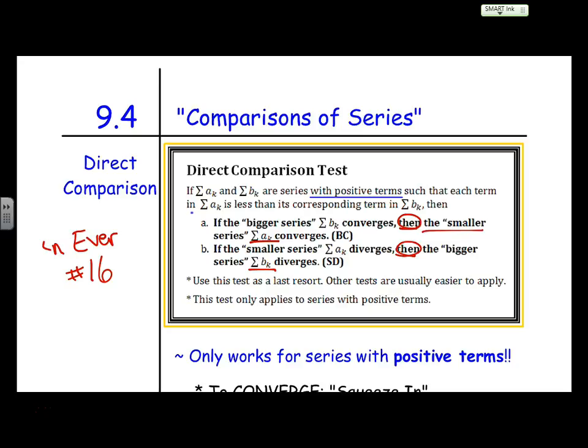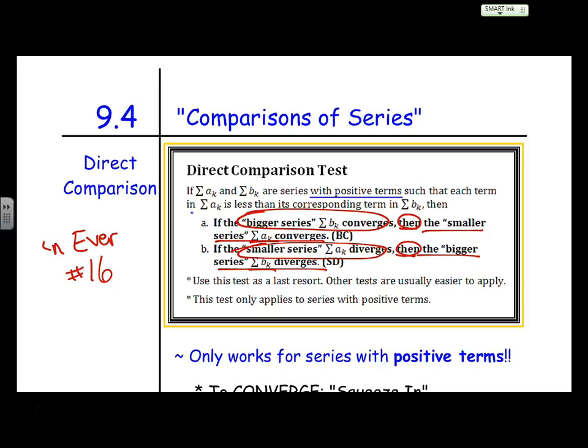So, then the smaller converges, or then the bigger converges. Which means the one that we are trying to use is going to be the first one, the smaller that diverges or the bigger that converges.